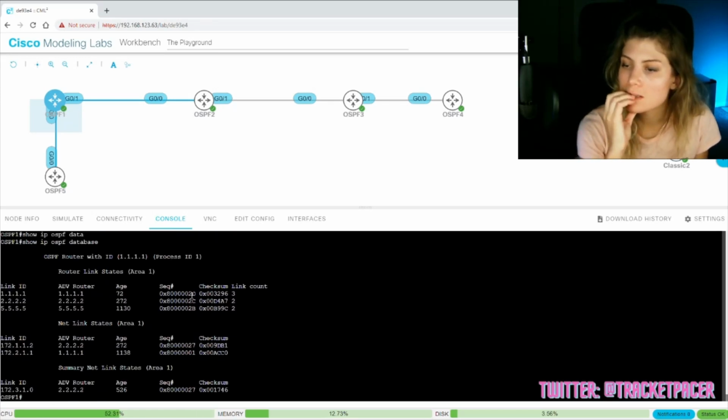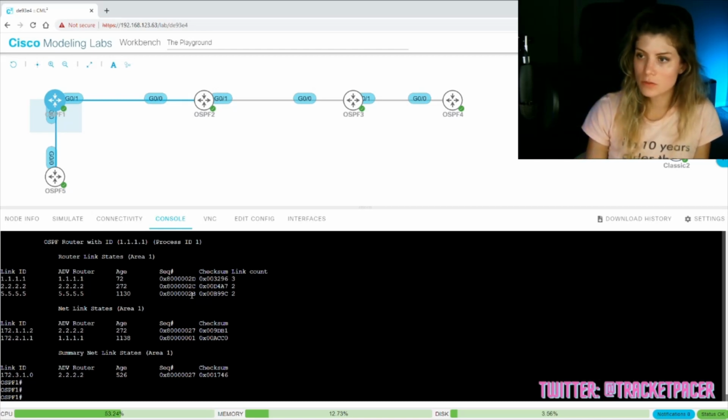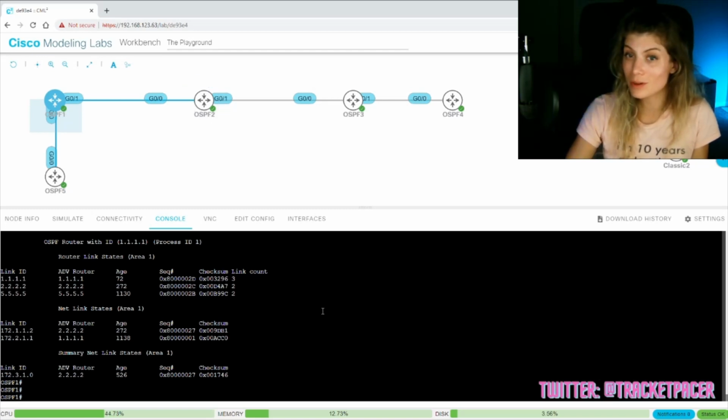Curious. Okay, so we're getting something from you. Sometimes I just can't tell if stuff is weird lab stuff or if it's actually how it would work in real life. And that's supposed to be what a lab helps you with, right?